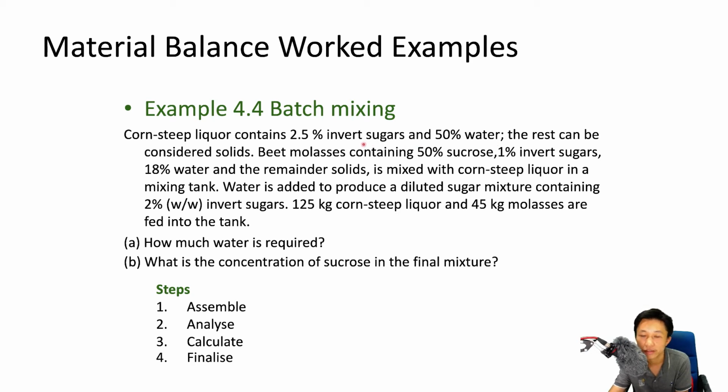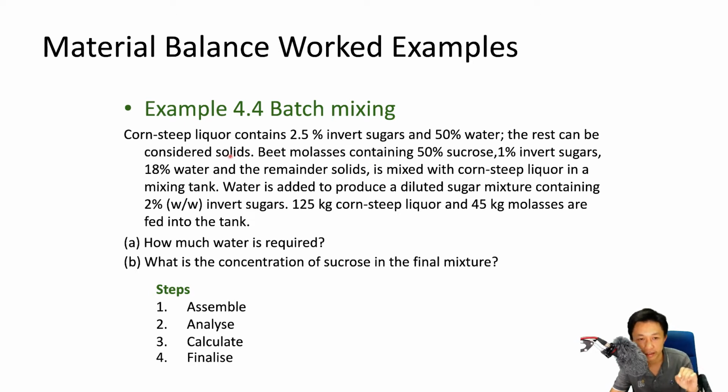Okay, no, not the rest. You can see it's not equal to 100%. You need the total to be 100%. So this is 52.5, so 47.5 is solid. You can notice this from this text.